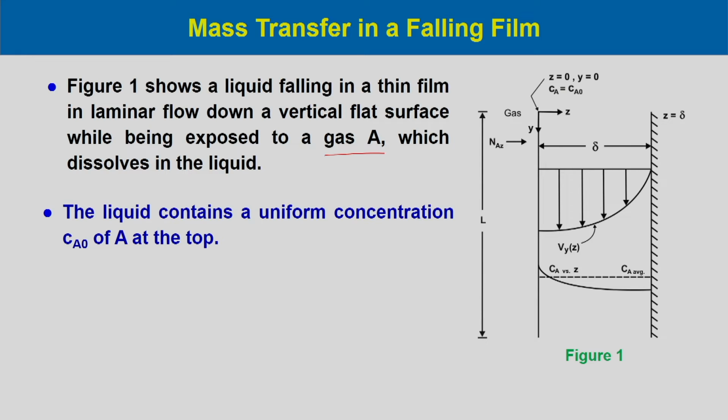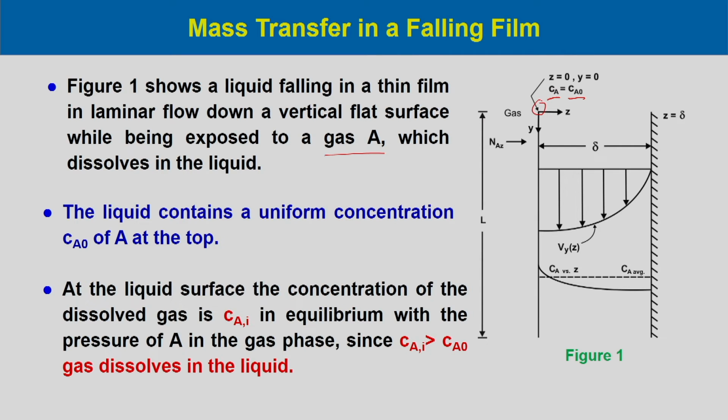Now, the liquid contains a uniform concentration CA0 of A at the top. So, at this location the CA is CA0, that is, the liquid has component A dissolved at a concentration CA0. At the liquid surface the concentration of the dissolved gas is CAi.